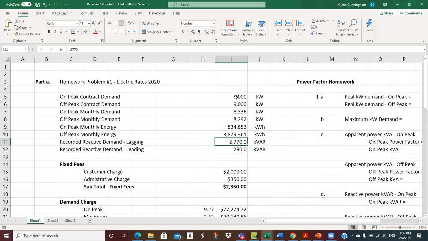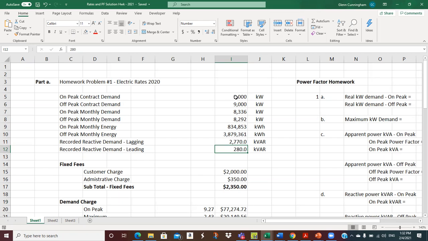The recorded reactive demand is 2,770, and that's lagging, so that's going to go with the peak, which is going to be this guy right here, I think. And then the leading, which would be at some minimum point. I don't know, did they even give you the minimum? I can't hardly read this thing. It's not very good. I don't think they gave you the minimum.